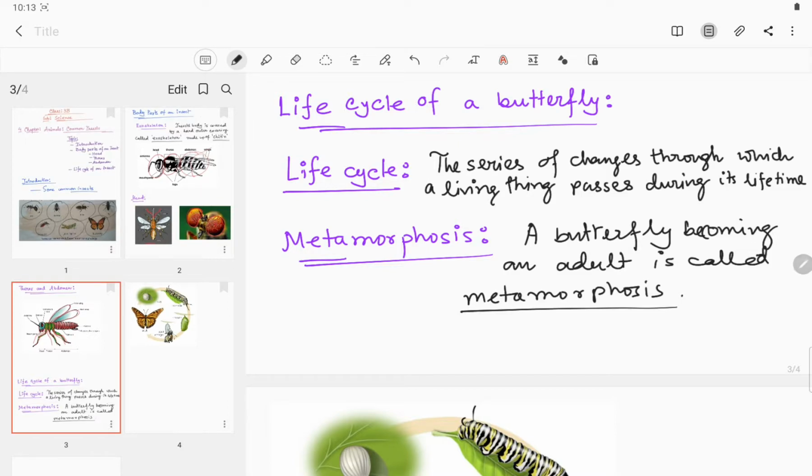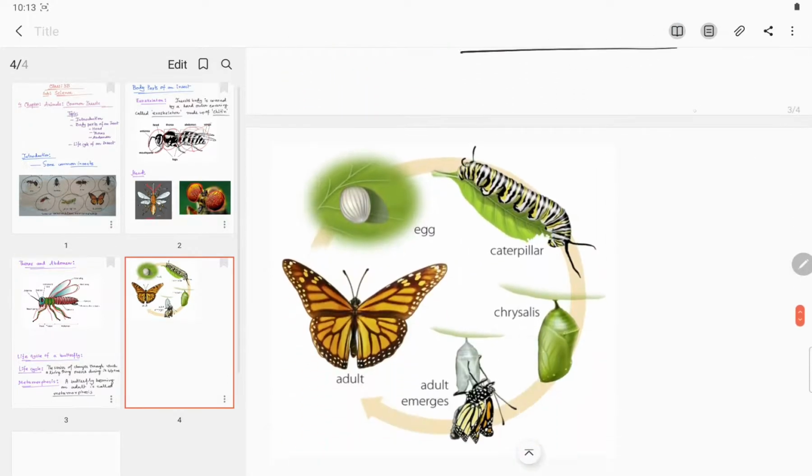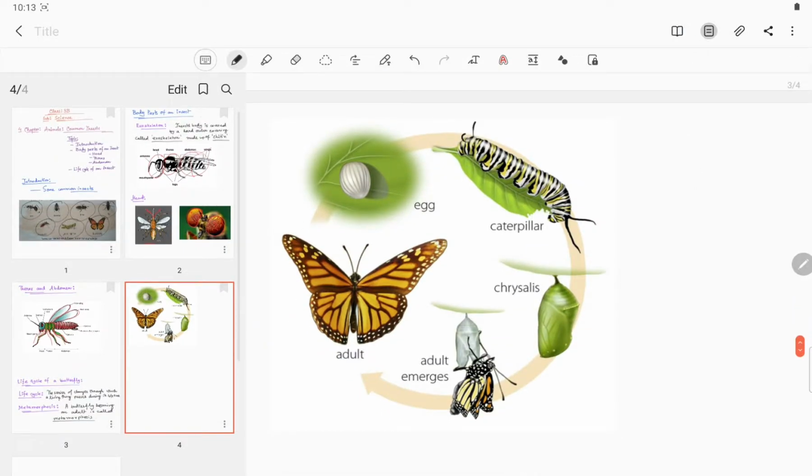Okay, so now you can check, this is the picture of the life cycle of a butterfly. First stage, egg. The first stage is the eggs.